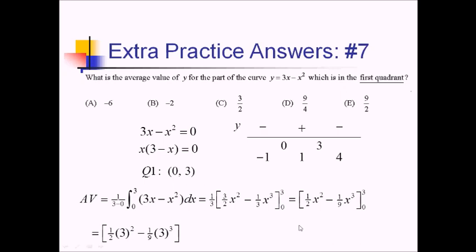And from that, I'm going to subtract all of this stuff with 0 plugged in. And we get our first break here, because all this stuff with zeros is going to get zeroed out and go away. So we're really just looking at this first set of brackets. So this is going to be 9 over 2 minus, let's see, 27 over 9 is 3. This is 9 halves minus 6 halves, which is 3 halves. And that gives us choice C.